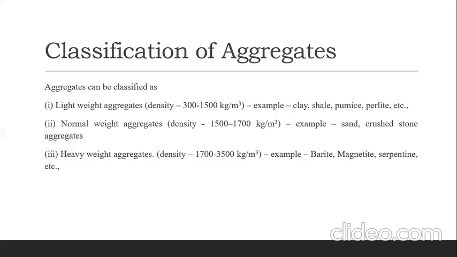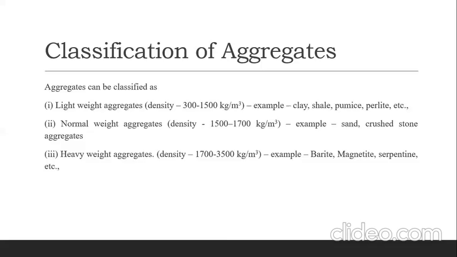And the last one is heavyweight aggregates, which have densities greater than 1700, up to 3500 kg per cubic meter. The examples are barite, magnetite, serpentine. These types of materials are used for the construction of heavyweight concrete. This concrete has been used for nuclear storages, nuclear waste, nuclear weapons, and in nuclear power plants, atomic power plants.